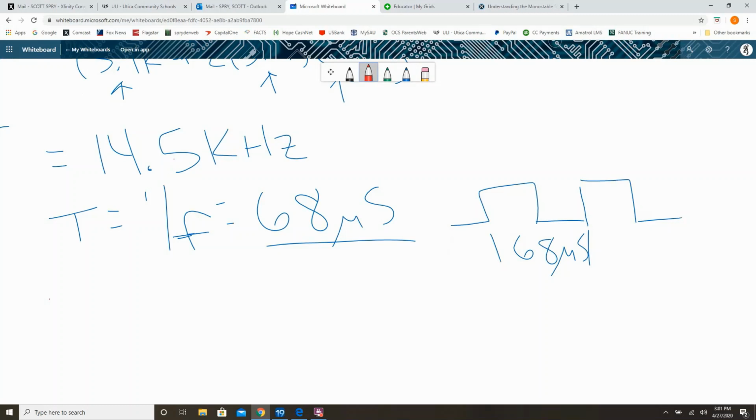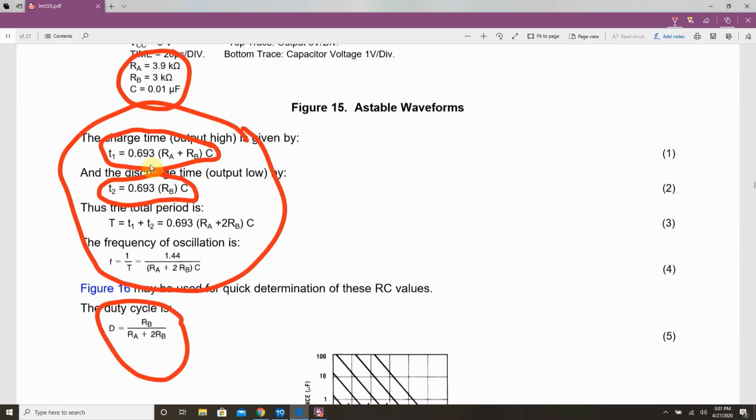What we don't know yet is what T1 or T2 is, how much time we're on, how much time we're off, and the duty cycle, which we're going to calculate right now. If we look at the spec, T1 is 0.693 times (RA plus RB) times C, which is easy to plug into your calculator, and T2 is even easier.